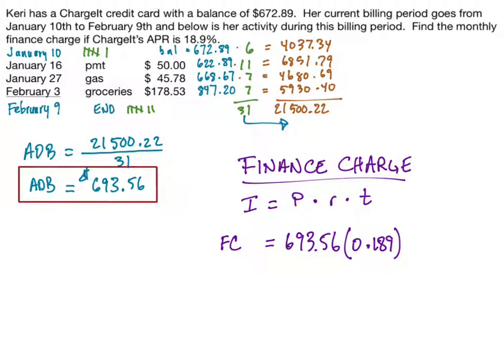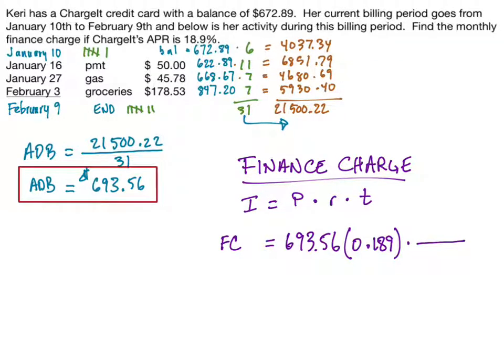And then I need to multiply by the length of time, or the term of the loan is how we've also said it. And so you might be tempted to say, well, we're looking at 1 month out of 12 months out of the year, so maybe this is 1/12. But the problem with that is each month has a different number of days. February sometimes has 28, September has 30, January has 31.